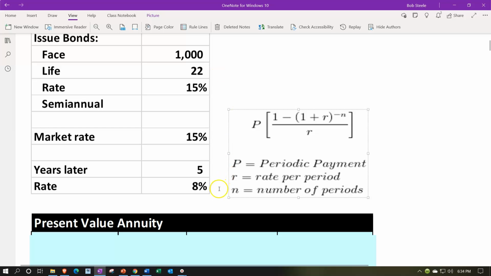Then we're going to make a rate change, having the market rate go down to 8% after 5 years have passed.